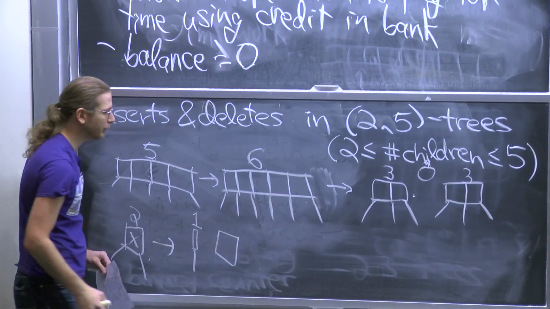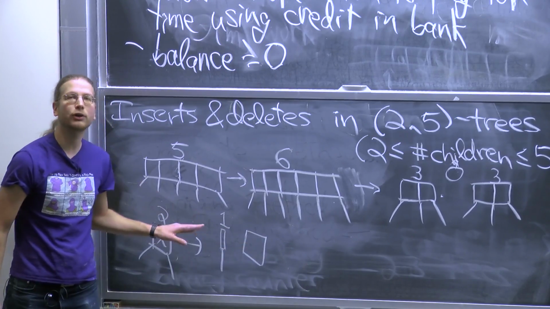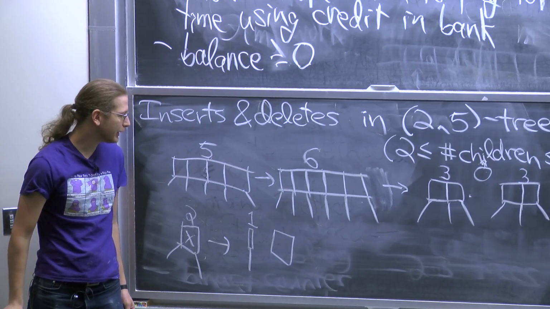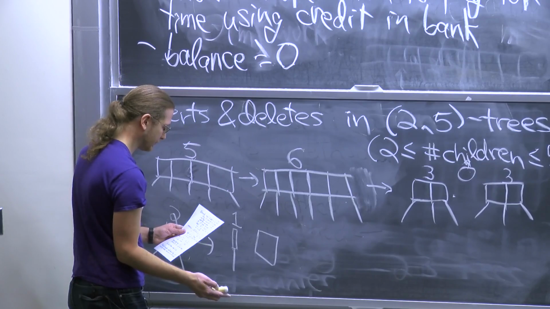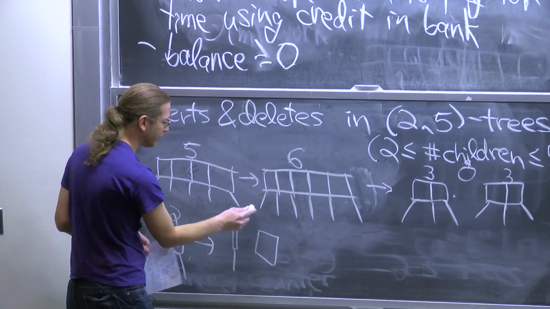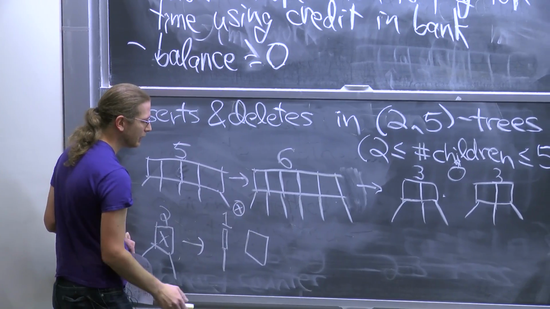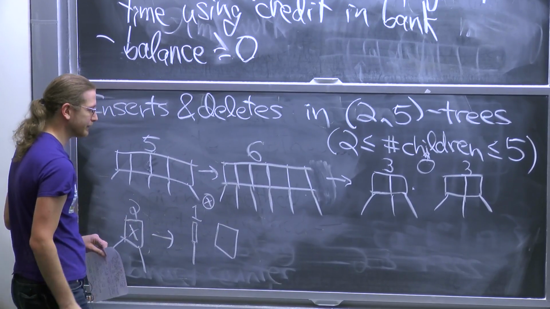And in that case, there's sort of 2 situations. Maybe your sibling has enough keys that you can just steal 1. Then that was really cheap. But the other case is that I'm also going to have to involve my parent. So maybe I'm going to take a key from x and merge all these things together.